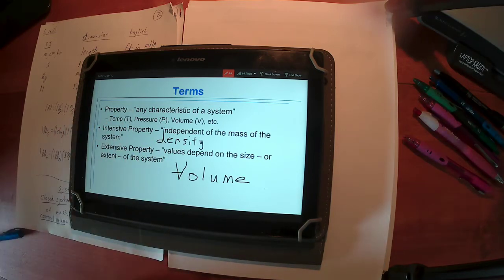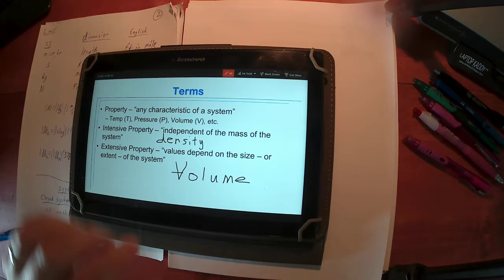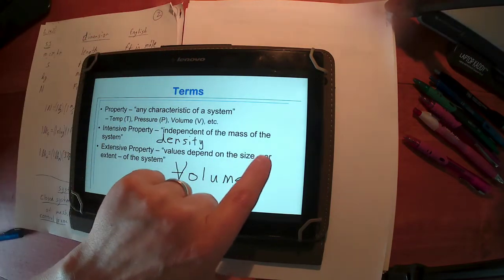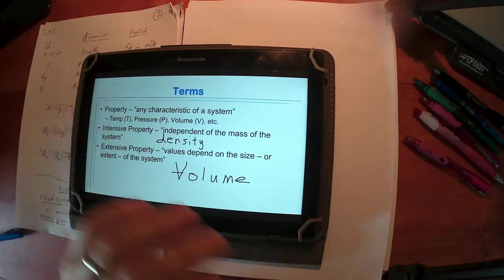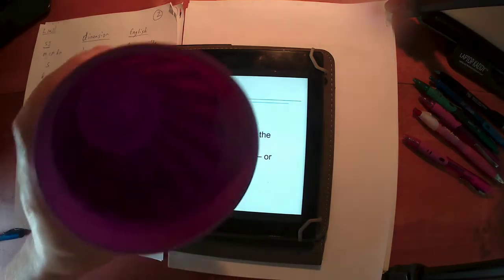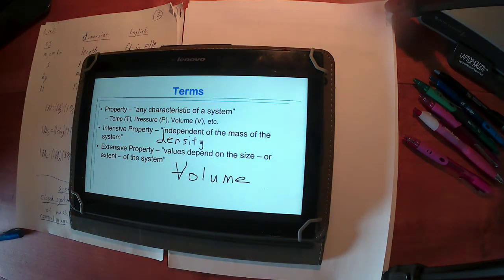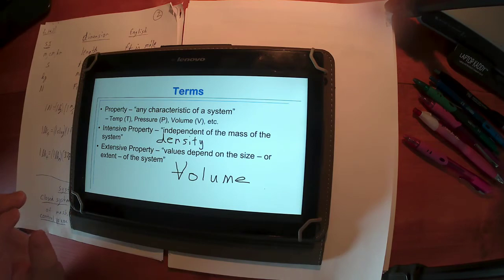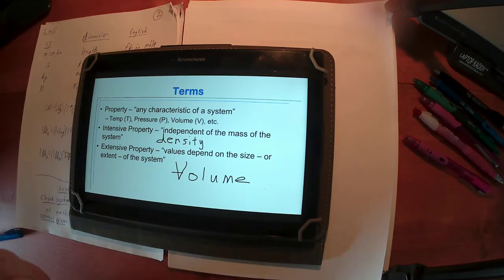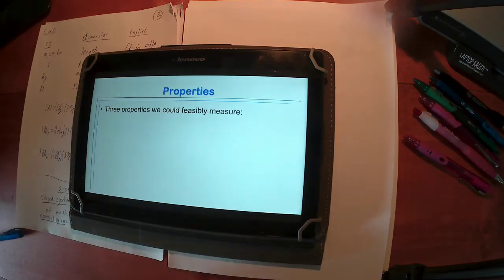The intensive property of density does not. It does not change as the mass changes. So it doesn't matter whether I'm talking about this small amount of water in my cup or the gallons and gallons of water in the swimming pool. It's going to have roughly the same density. And that's only going to vary as we change the temperature, but not the mass.